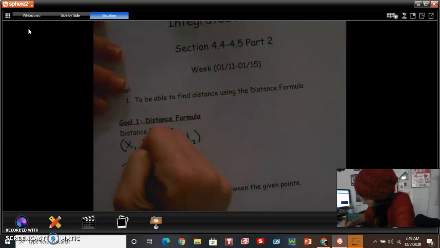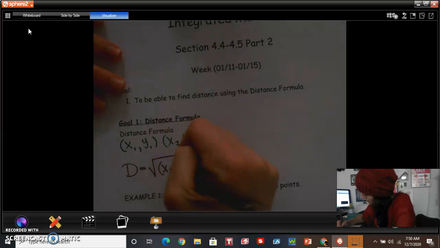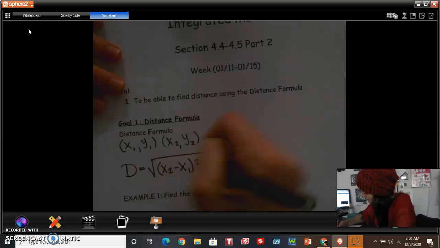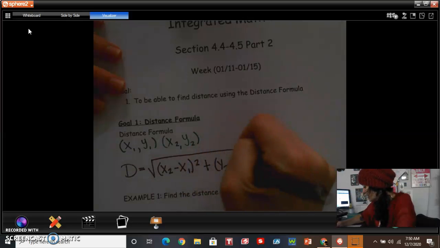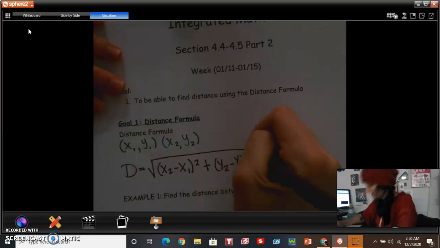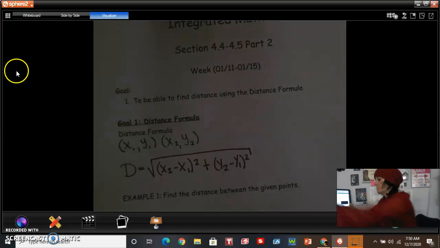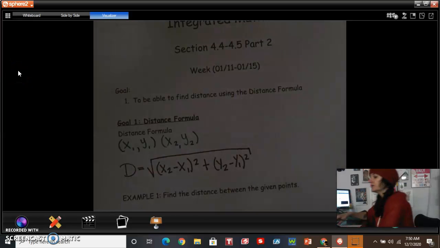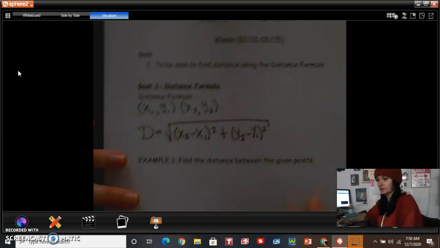So distance is equal to the square root of x2 minus x1 squared plus y2 minus y1 squared. And it's very important to use all the parentheses and everything in these problems. Okay? So we're going to go ahead and do some practice on your distance formula here.